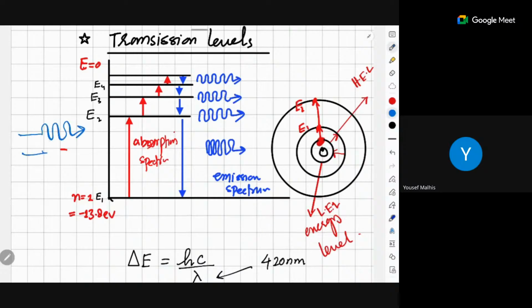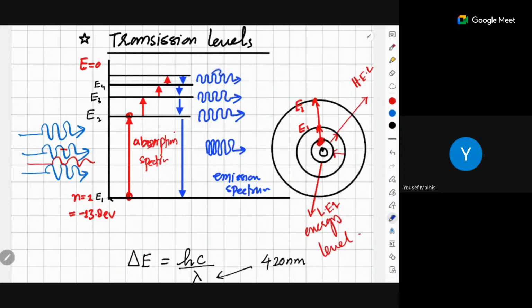A bunch of photons was coming from this side, right? One of the photons was absorbed by the metal, and that photon is used to increase the level of this electron from E1 to E2, right? If another photon is absorbed, it will increase the level to E3, and so forth. So when photons are absorbed, they give rise to the transition from the lower energy level to the higher energy level.